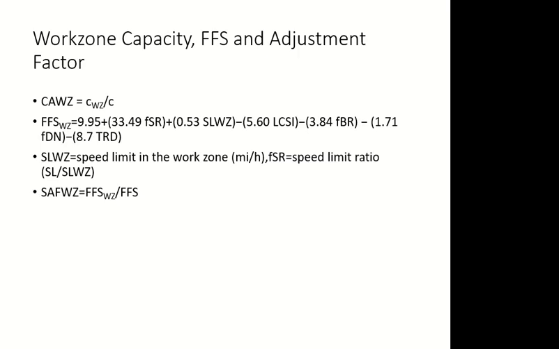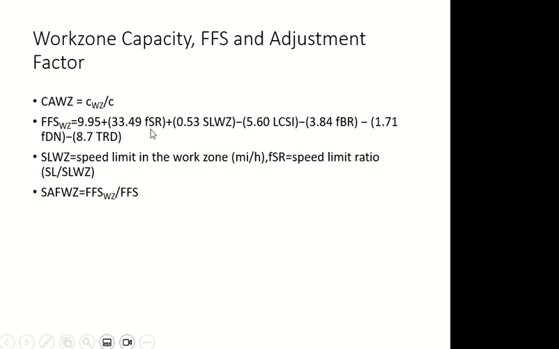Then if you want the adjustment factor of speed for the work zone, you'll calculate the free flow speed of the work zone. This is the equation to calculate free flow speed of the work zone. You have the speed ratio. What is the speed ratio? Speed limit without the work zone upon speed limit with the work zone.